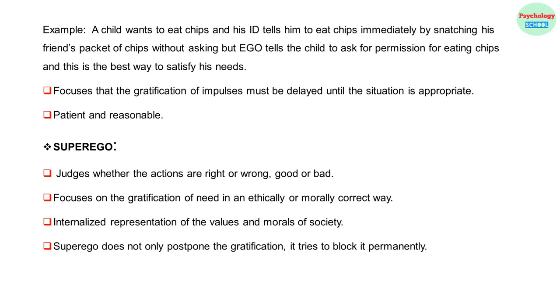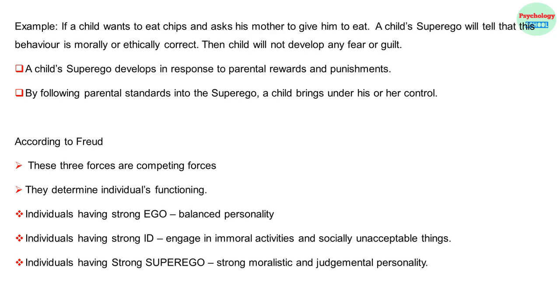For example, if a child wants to eat chips and asks his mother to give him some, the child's superego will tell him that this behavior is morally correct and socially acceptable. And this way of satisfying need will not create any fear or anxiety or any guilt in the child's personality.